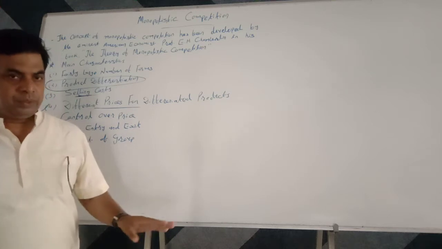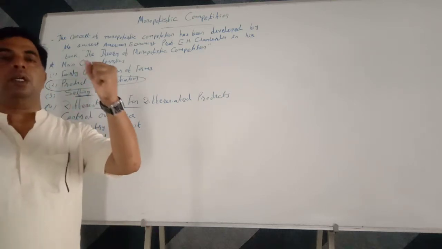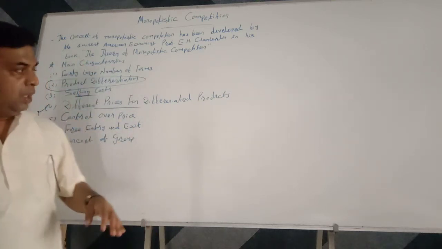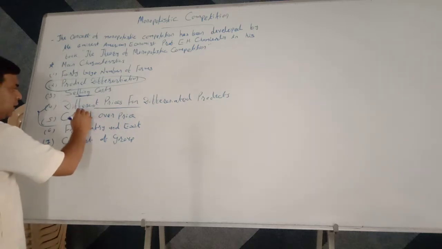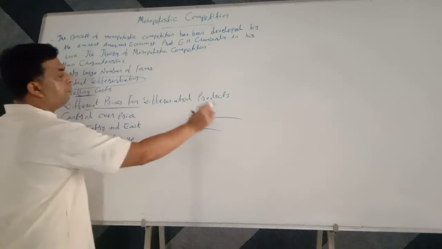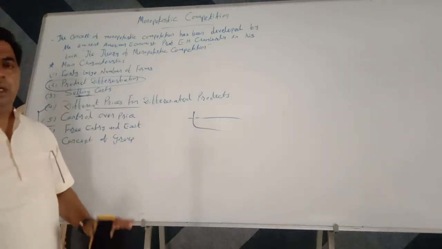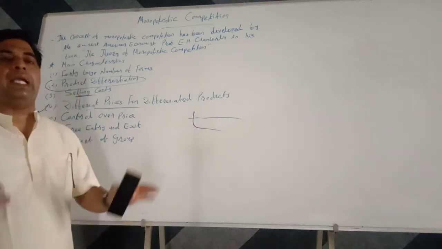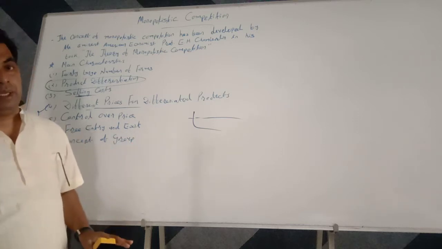So no control. In monopoly, complete control. In perfect competition, a single uniform price prevails in the market. The curve is parallel to the x-axis. The firm cannot charge a slightly higher price than the market price.